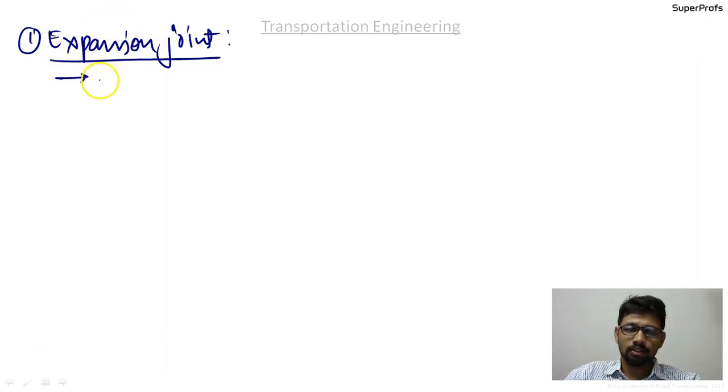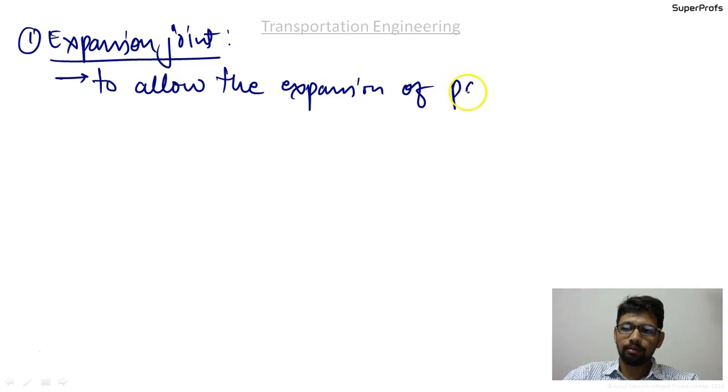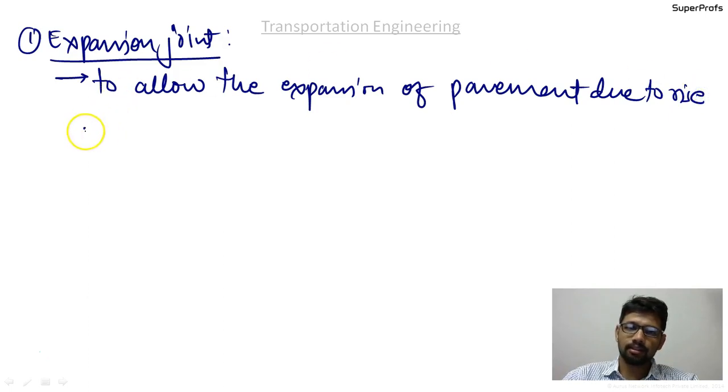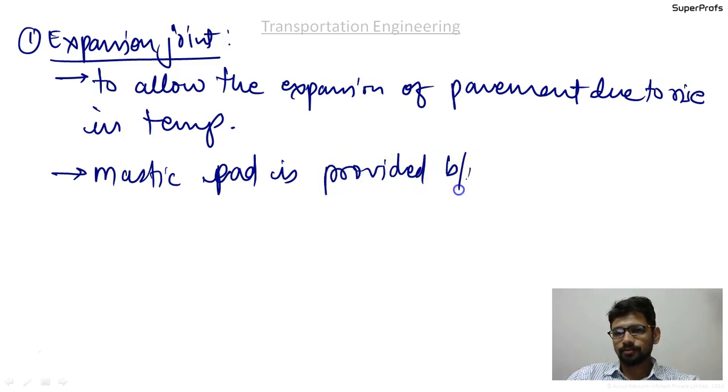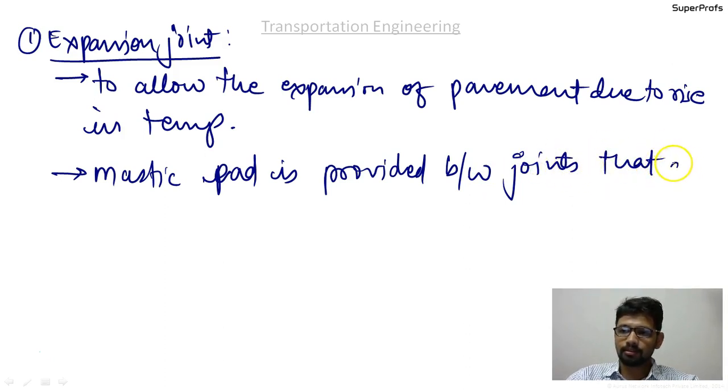A mastic pad is provided between the joints that can compress by 50%.